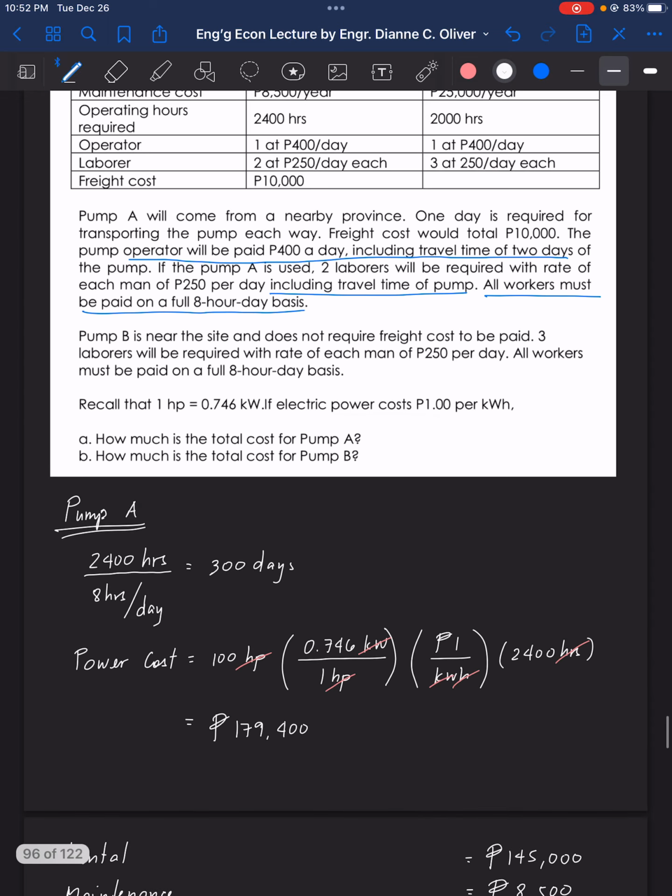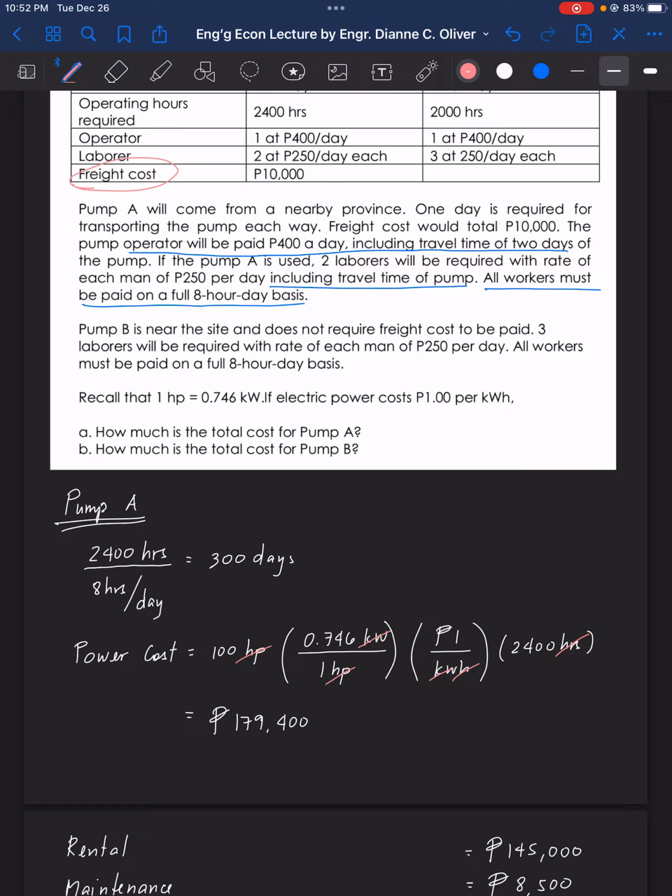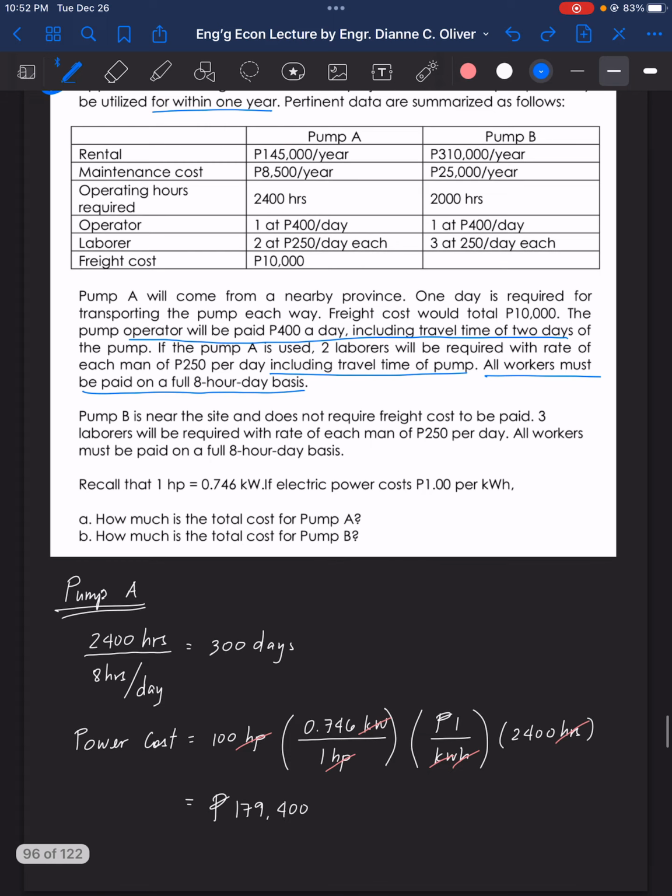Then we have the freight cost. So freight cost here is 10,000 pesos. Now the question here is, will we multiply it by 2 since it will travel each way? The problem says that freight cost would total 10,000 pesos.